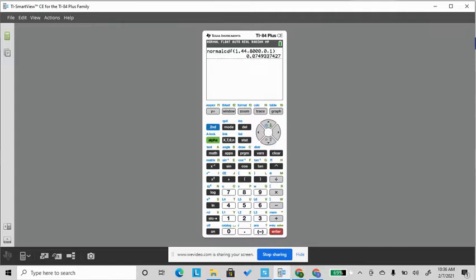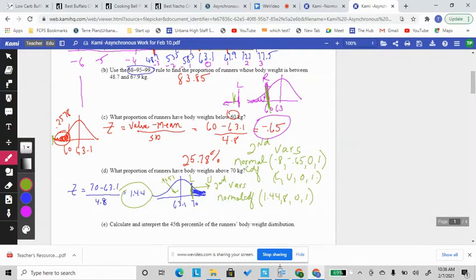That automatically gives me my answer of 7.49%. So the graphing calculator saves you from doing the subtraction, and it replaces the chart. The answer is going to be 7.49%, around 7.5%.